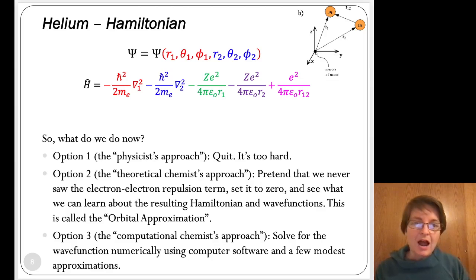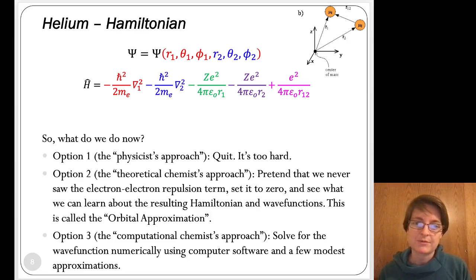Option 3 I would call the computational chemist approach. And this is what, as practicing chemists, most people use in order to think about multi-electron systems. In this case, we're going to use a number of sophisticated computer programs and software that have been developed over the years to solve for this wave function numerically. We do have to, in that case, incorporate a few modest approximations.